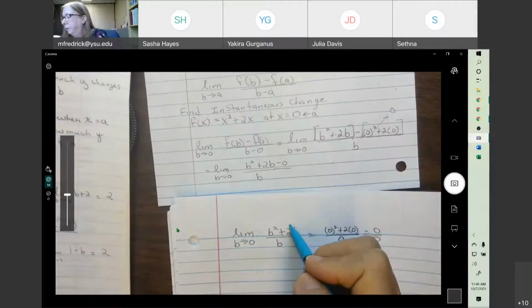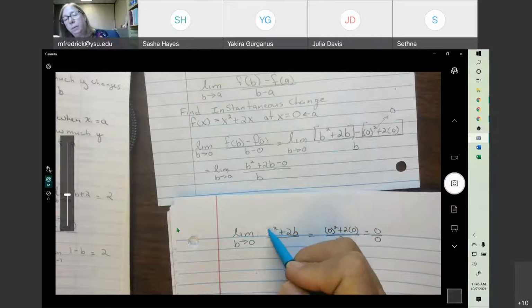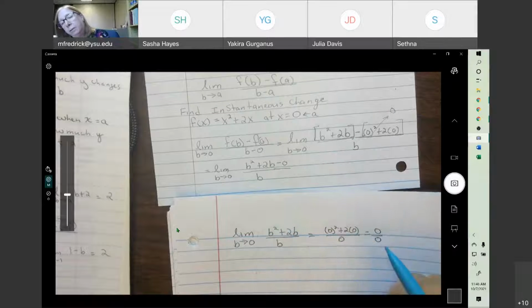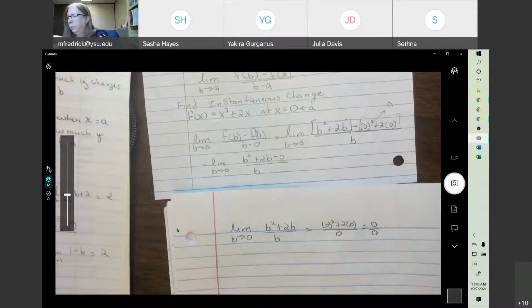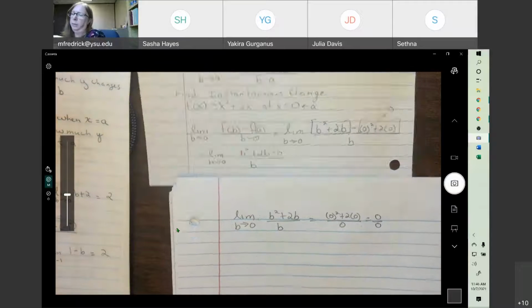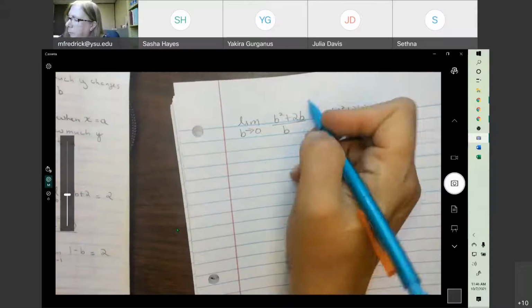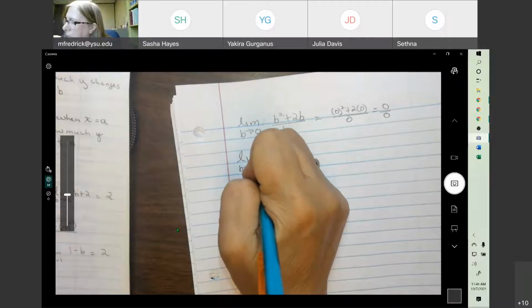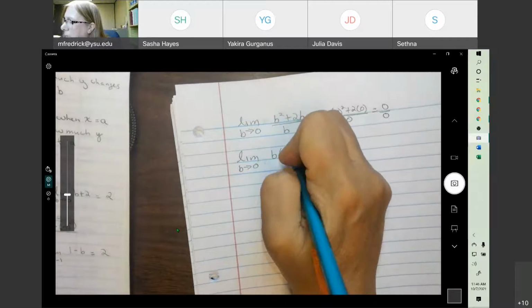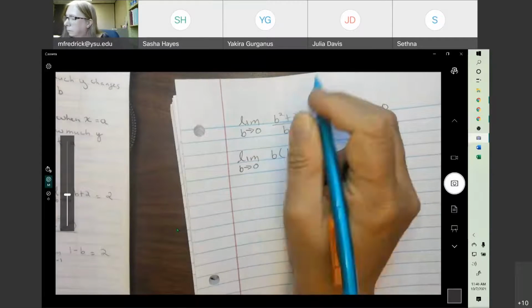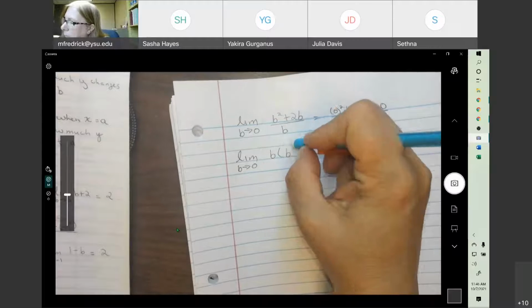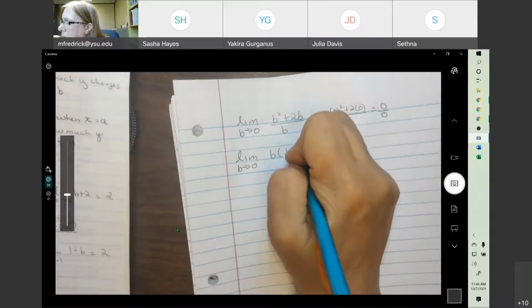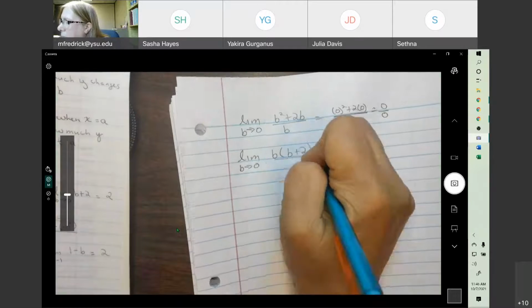There's two ways, at least two ways you could reduce it. One is to factor. Notice there's a b in common in the top. You can factor a b out. I'll show you both ways, and then you decide which way. We can pull a b out of the top, which leaves b plus 2 over b.